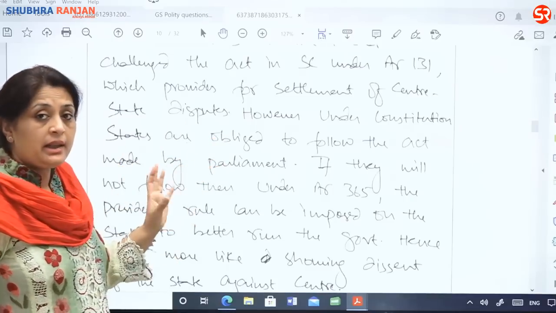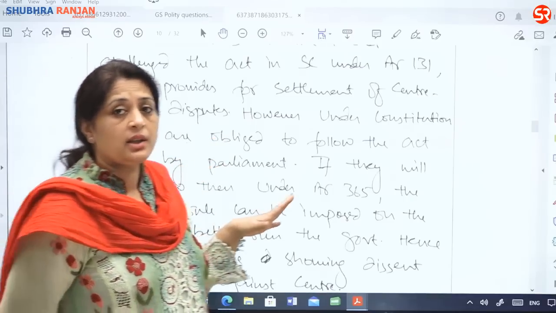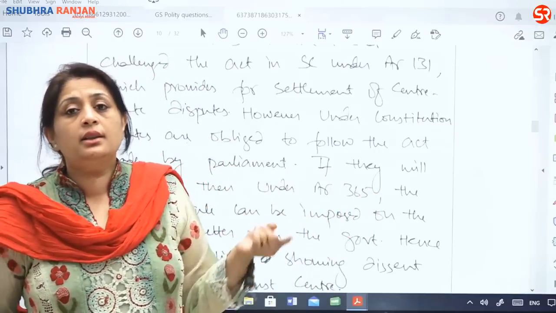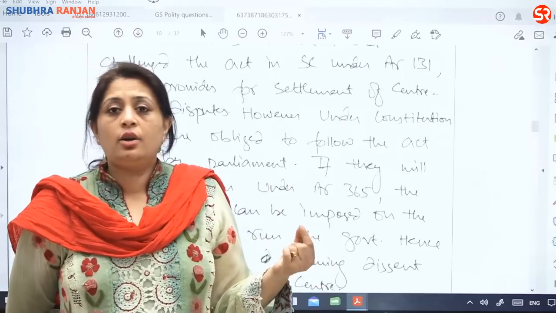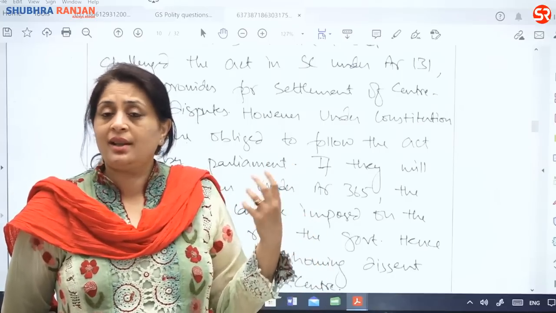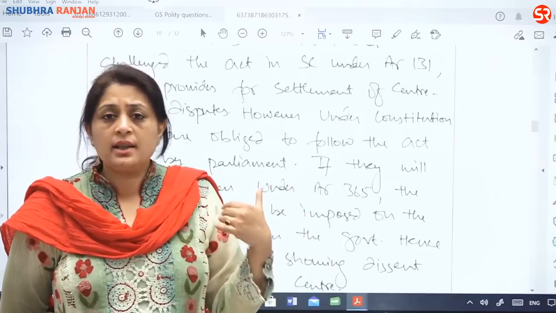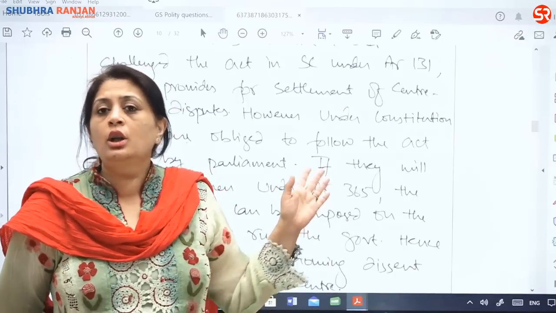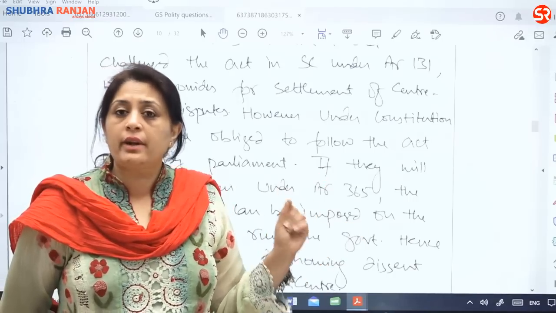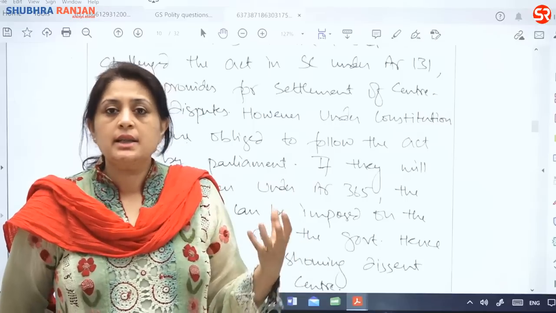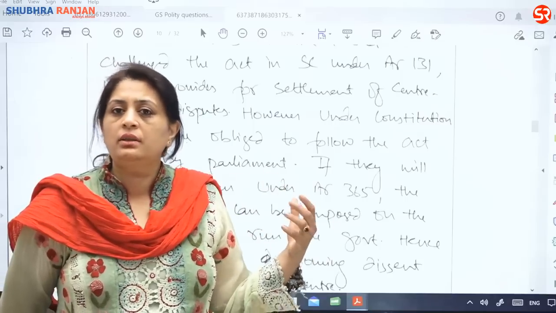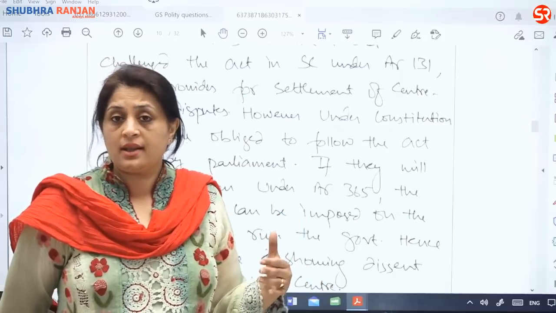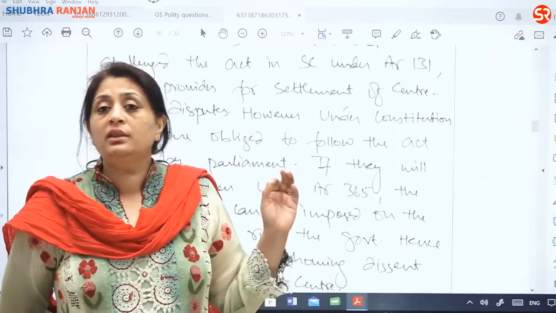Basically, with Kerala challenging this act, Article 131 can be used only when the legal right of the state is questioned. The legal right means, suppose it is a subject of the state list and the union has made a law. This is not a matter of the violation of a legal right. It is a matter of political dispute. For that, the better platforms are like the interstate council rather than 131.